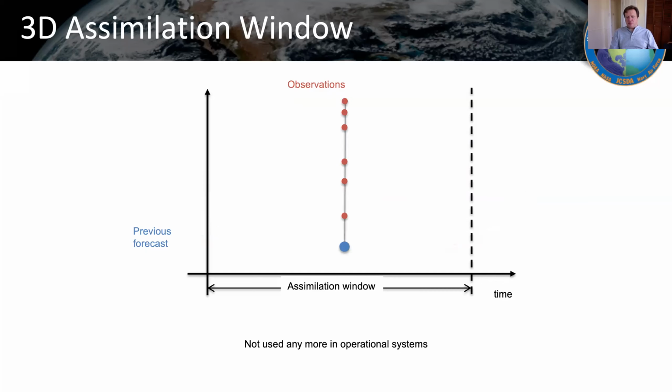All the observations are moved also to the middle of the window, and the analysis is computed completely ignoring all the time aspects. As far as I know, this is not used anymore in operational systems, but that's an algorithm that has been used in the past and might be used for some academic studies.